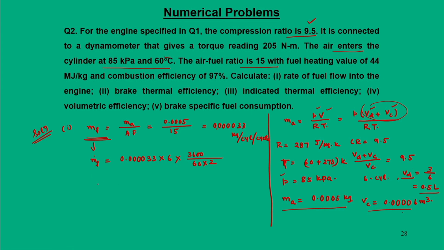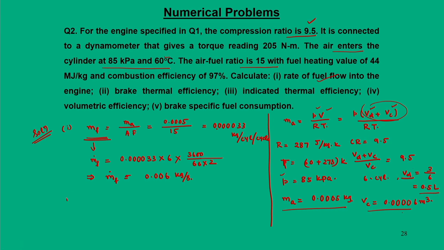This 2 is for a 4 stroke engine. So, this will give you m dot f as 0.006 kg per second. So, we are able to estimate the first term, that is fuel flow rate.